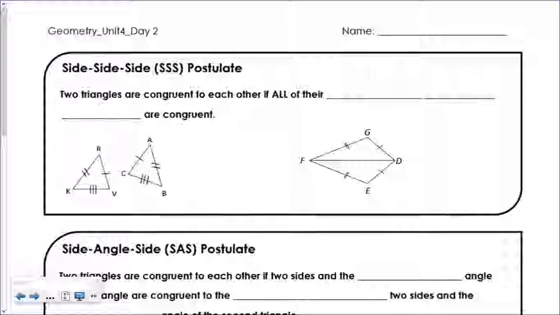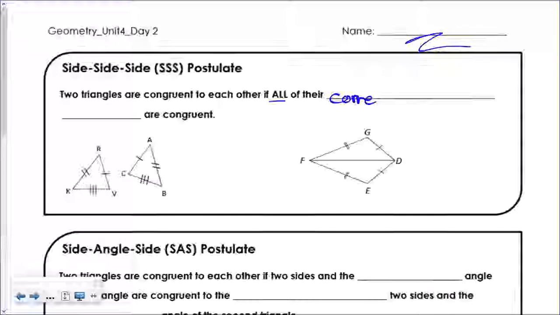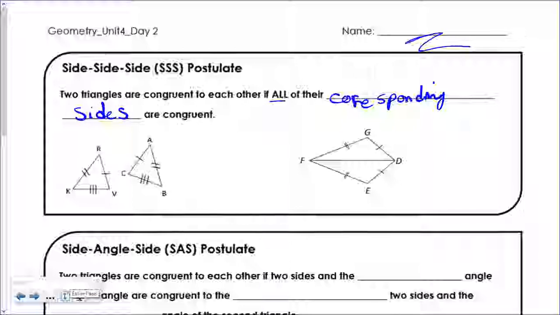It says that 2 triangles are congruent to each other if all of their corresponding sides are congruent.